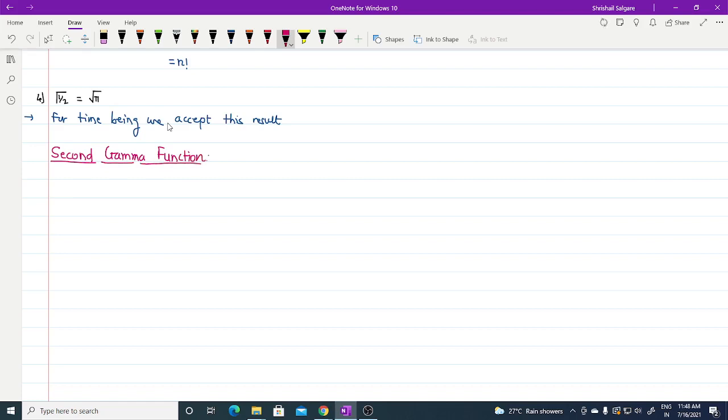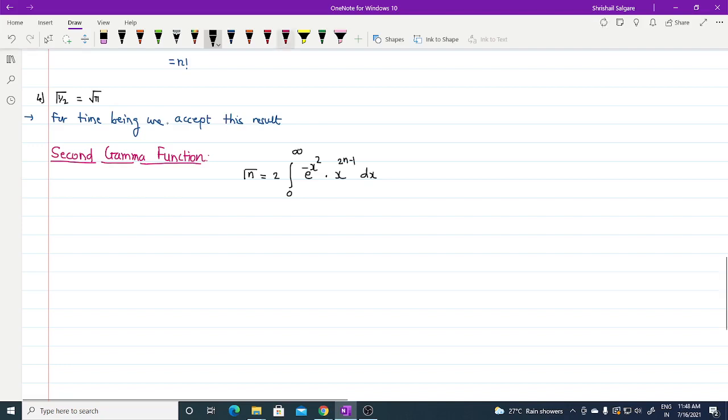The second definition is given as gamma n is equal to 2 times integral 0 to infinity e to the power minus x square into x raised to 2n minus 1 dx.